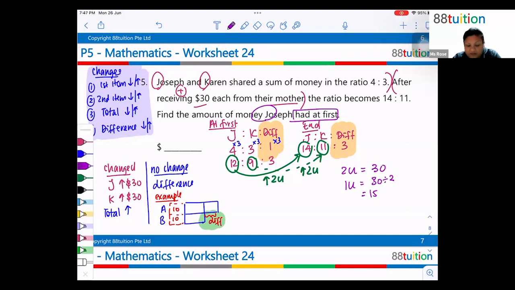So what does Joseph have at first? Anyone? In terms of units, what does Joseph have at first? Is it 4 units, 12 units, 14 units? Can you all type your answers, please? How many units does Joseph have at first?